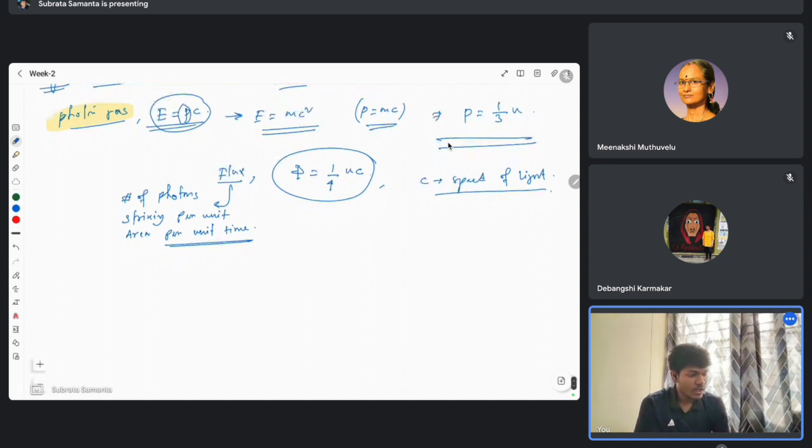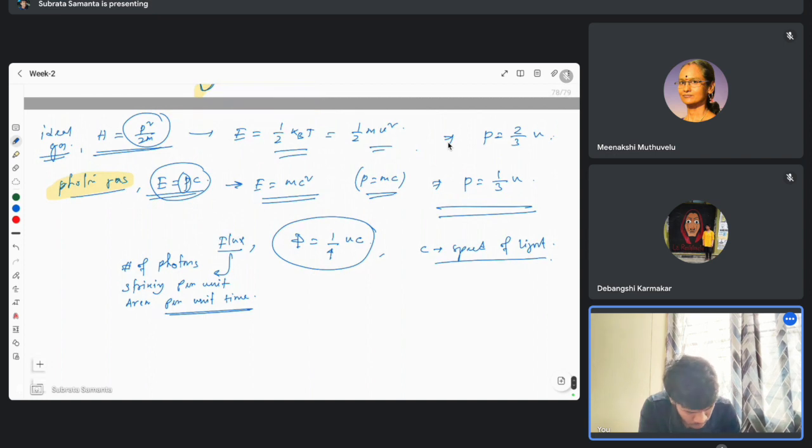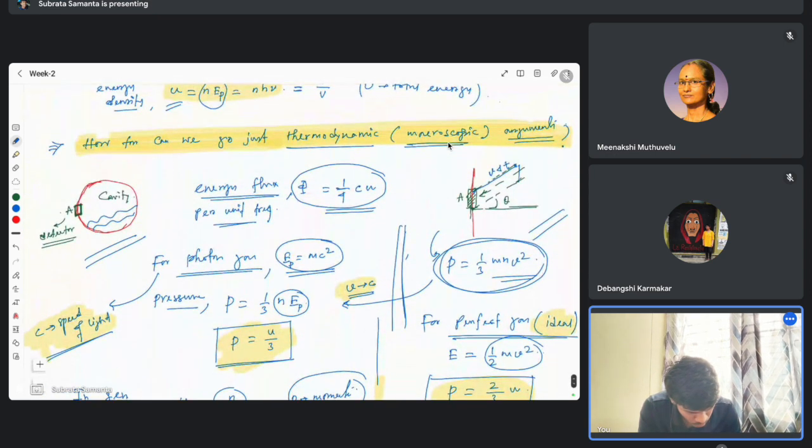So now we do some thermodynamics, and this relation is important. So from this flux, 1/4 n c.